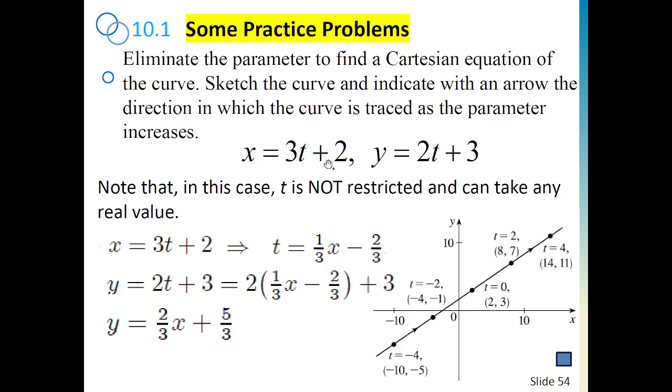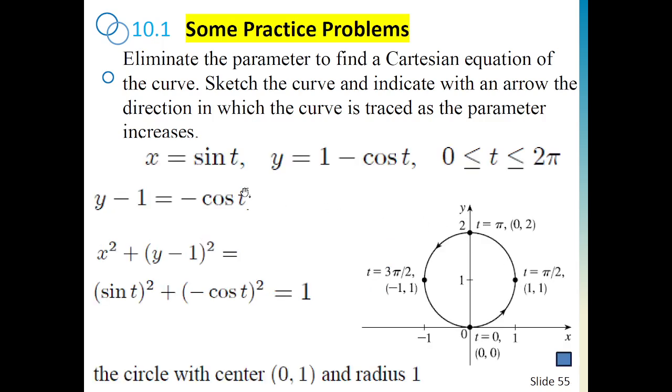Here 3 plus 2 is 5, and then here 2 plus 3 is 5. So we have a point 5, 5. So 2, 3, and then 5, 5 here. So essentially we know that we started here at t equals 0, at t equal 1, we are moving in this direction. So the direction of movement is up.